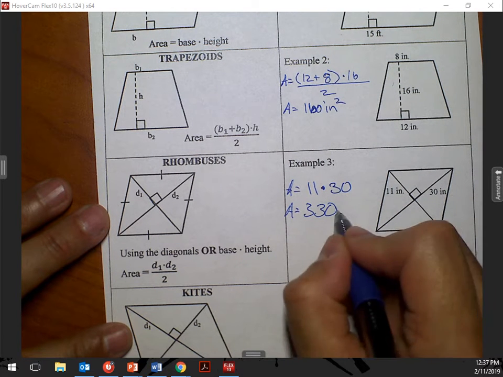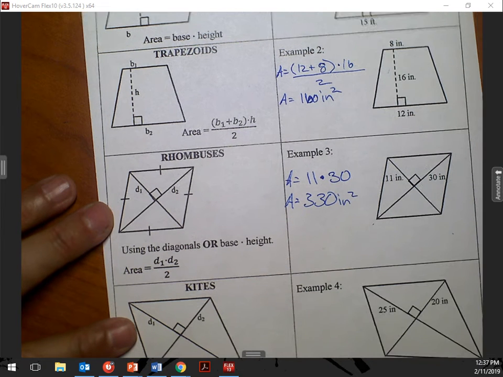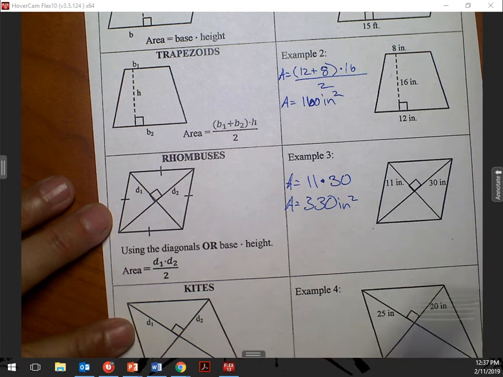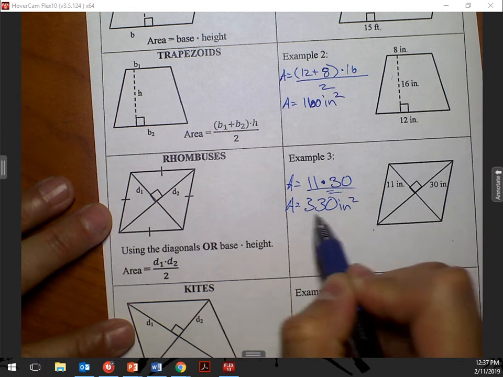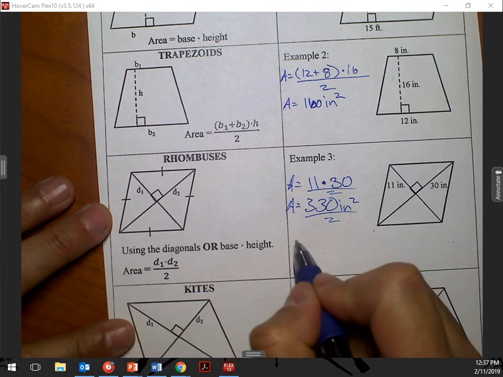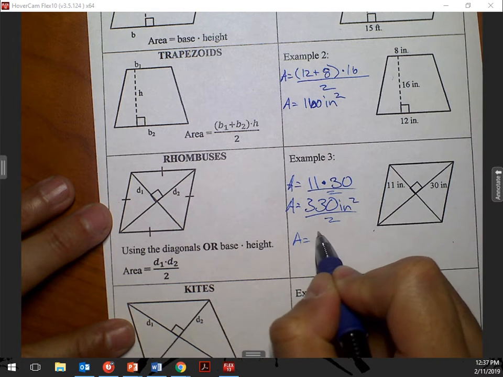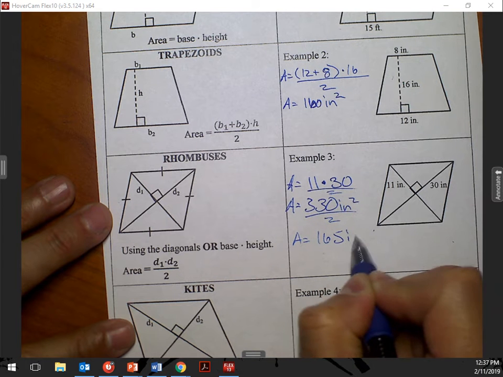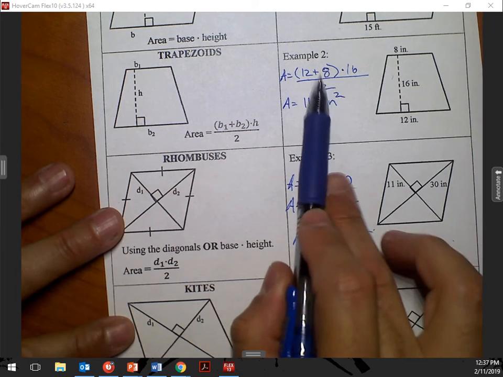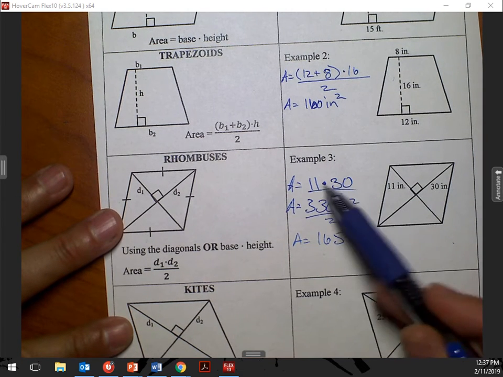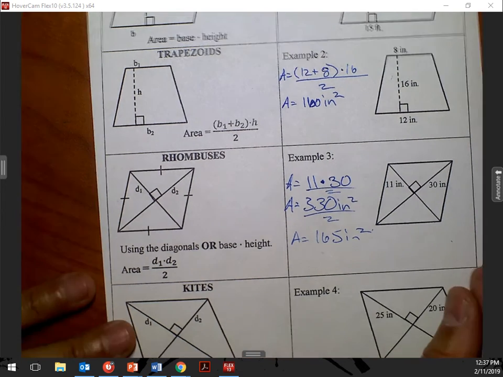Wait, so you don't divide it by 2? Yeah, I'm going to. So I have this times this, and then divided by 2, 165. So my area is what? 165 inches squared. On this one I did it earlier. This one I did this right here and then divided. So same thing.